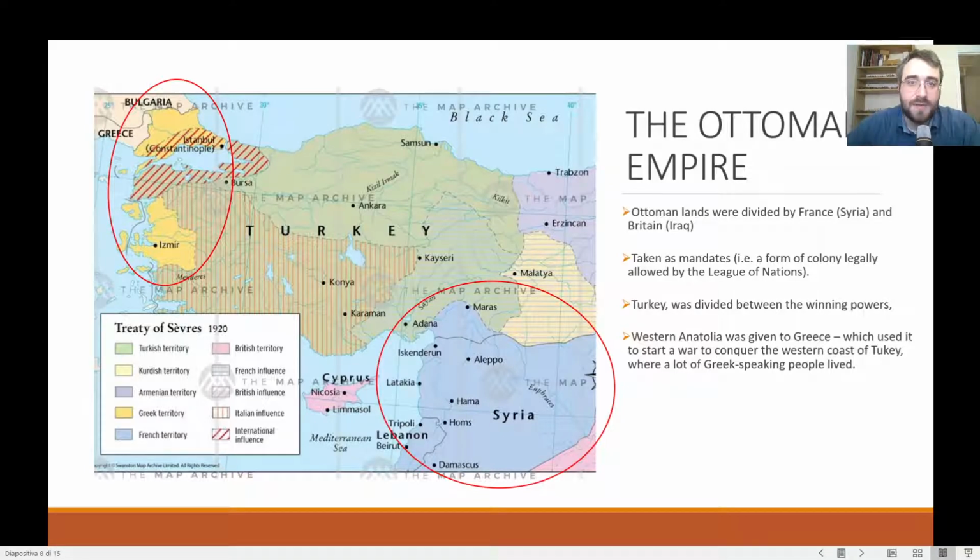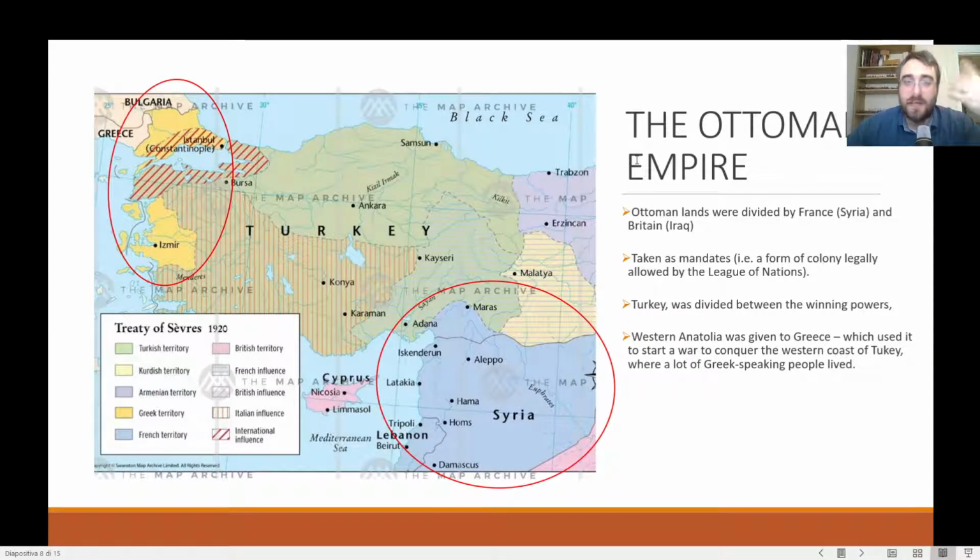There were parts that were given to a new Armenian state as a reparation for the Armenian genocide of 1915. Other parts were supposed to form an independent Kurdish state. Those changes, both those Armenian and Kurdish states, and the fact that the western coast was given to Greece, were very short-lived.